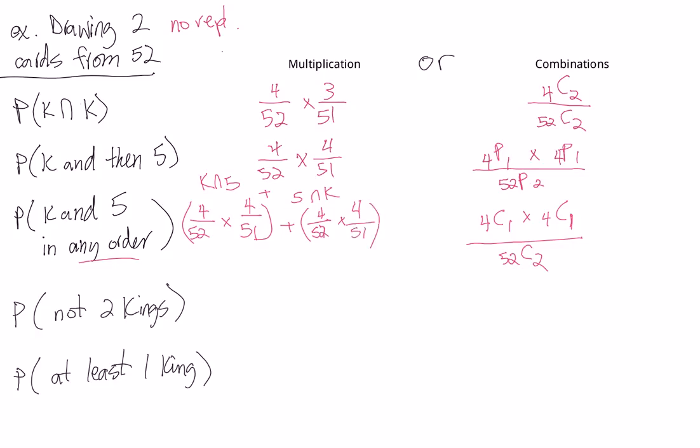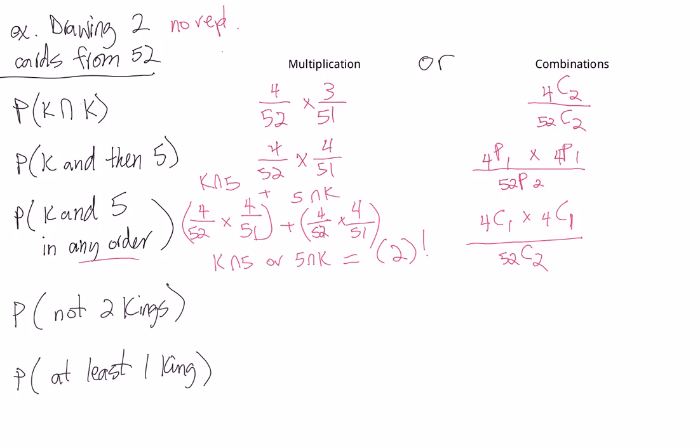Or we could just take one answer and times it by 2, because we're basically taking a king and 5, or a 5 and king, which would be the exact same thing as just doing one answer times 2 factorial, because we have 2 different choices.